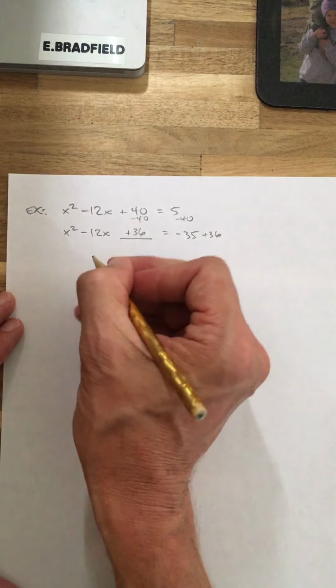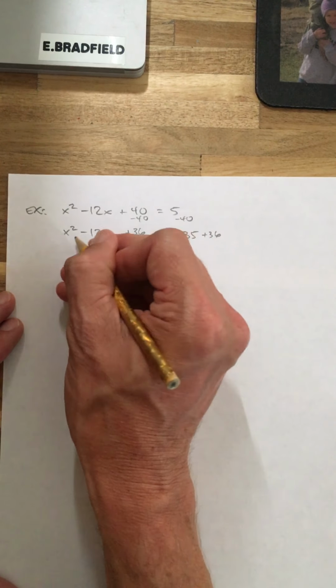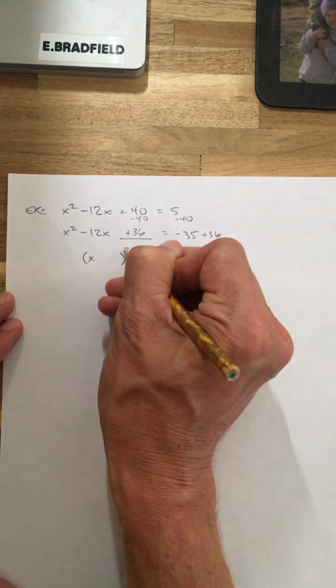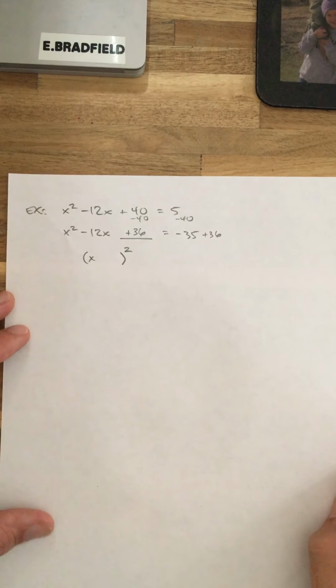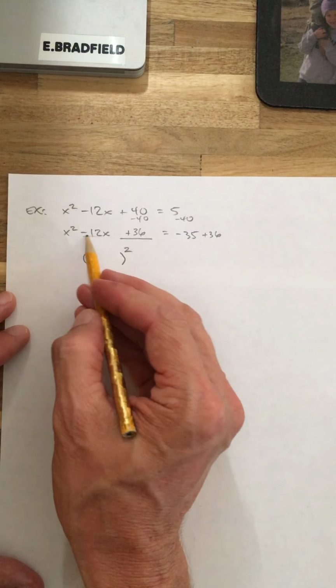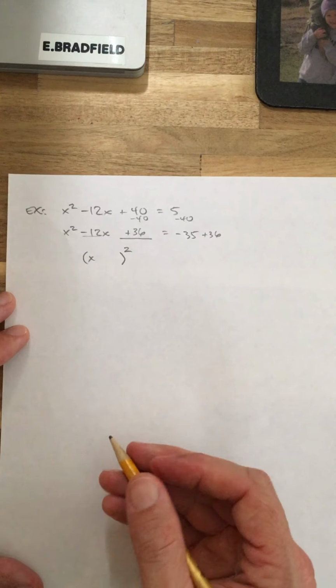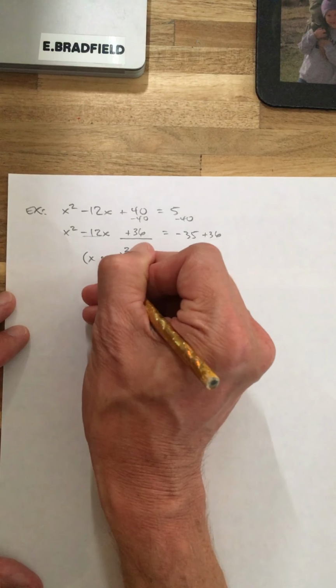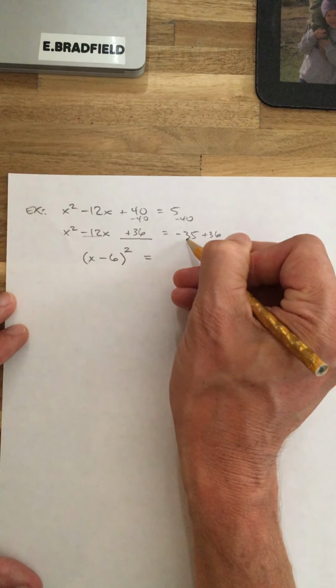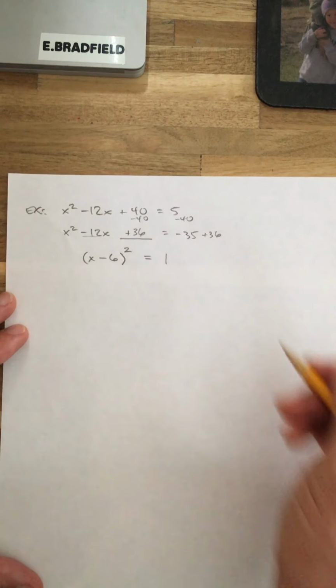All right, and here we go. Now this is the trinomial that's going to factor into this. You put an x here and you put a squared there. Okay? And now look at the b term again. Cut the b term in half. That's negative 12, cut it in half. Negative 12 cut in half is negative 6, so put a negative 6 right here. Okay, equals negative 35 plus 36 is 1.